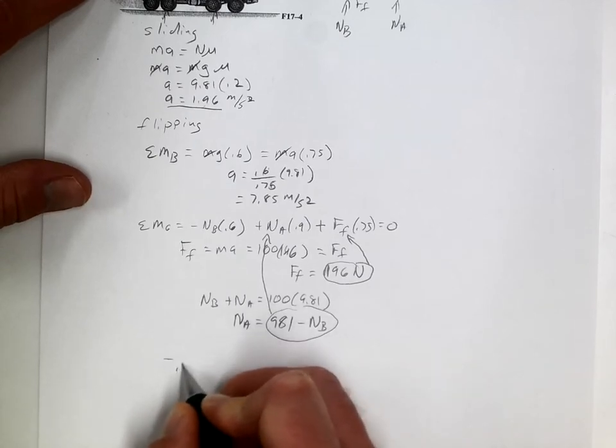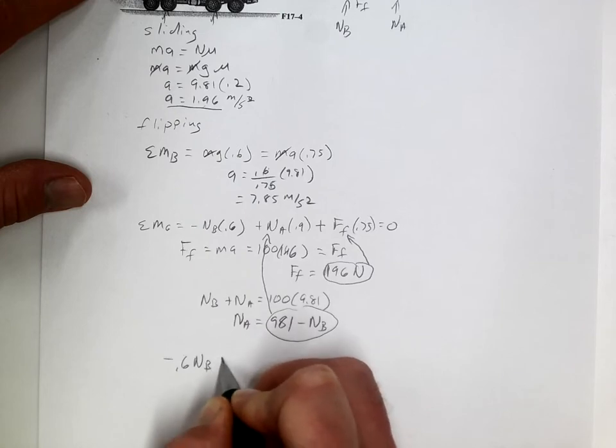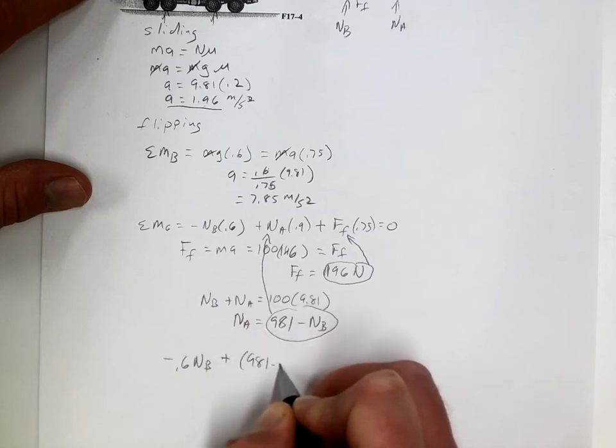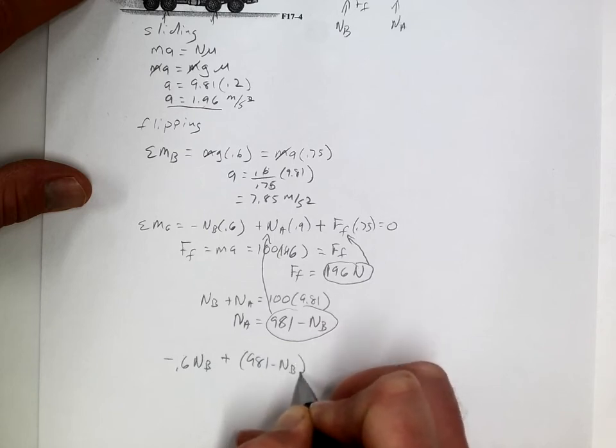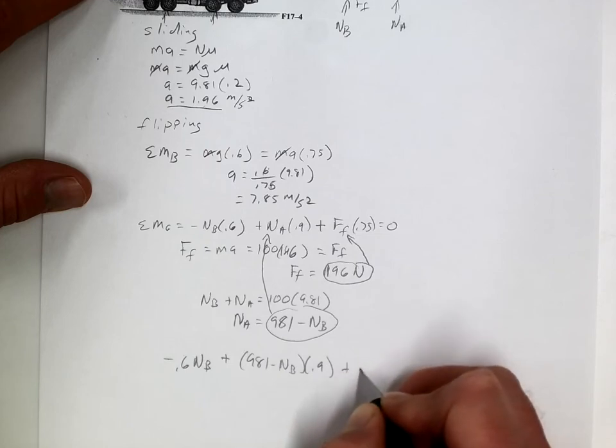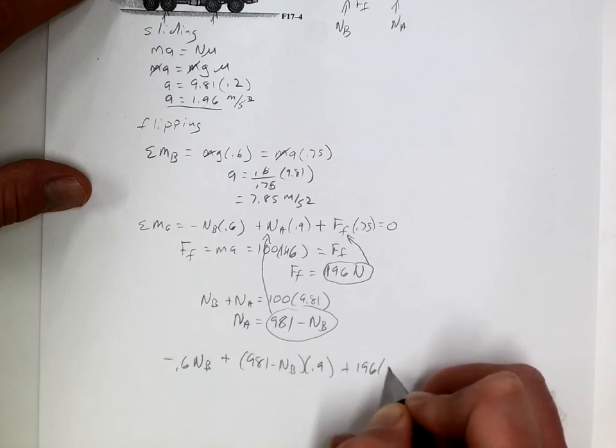negative 0.6 NB plus 981 minus NB times 0.9 plus 196 times 0.75.